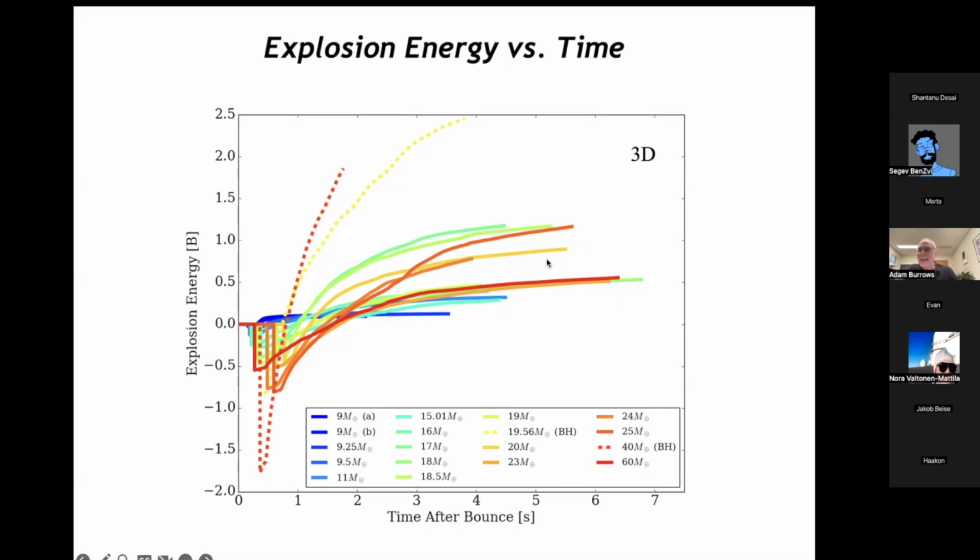People have used this term diagnostic energy. That's a fallacious term because they ignore the binding energy of the envelope, but they tell you that they get an explosion energy. That's completely false. It starts out negative when you include all the energies and the mantle is going to be ejected. And so you have to do these calculations till much later times to find out what the energy is.